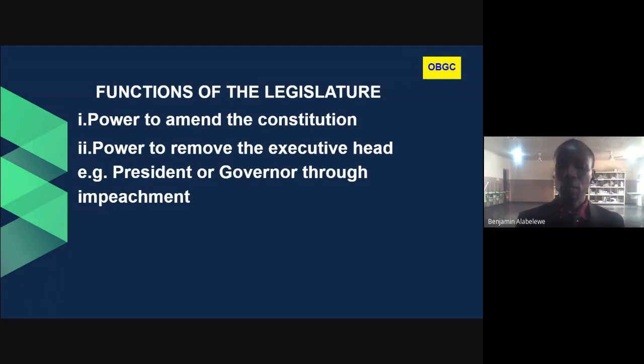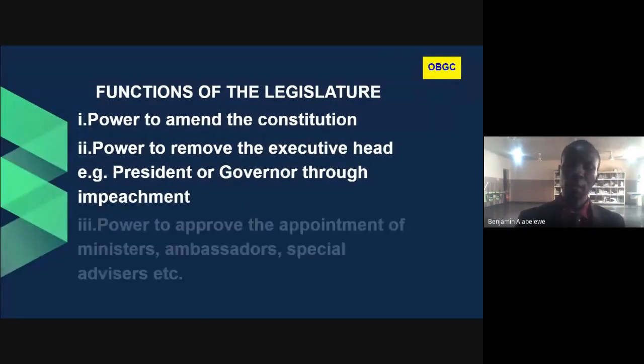They could remove the president, they could remove the governor through a process called impeachment. Now, the first governor to be impeached in Nigeria was Governor Balarabe Musa, who was the governor of Kaduna State.